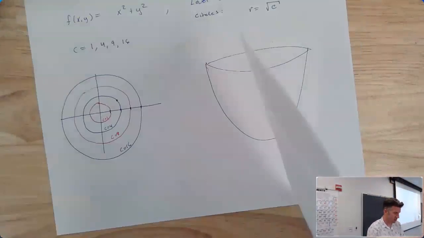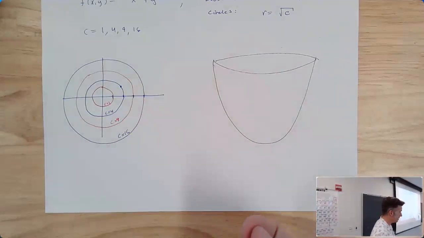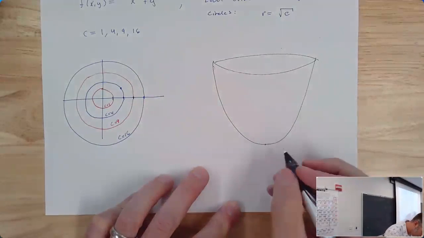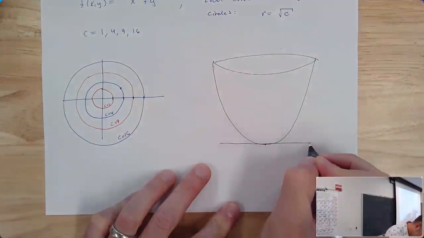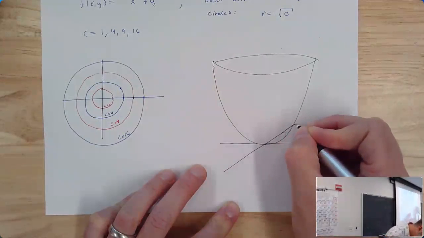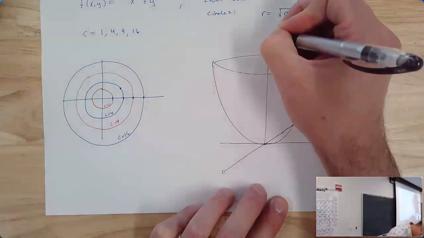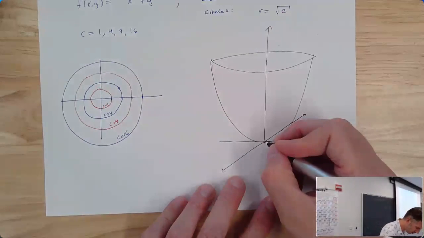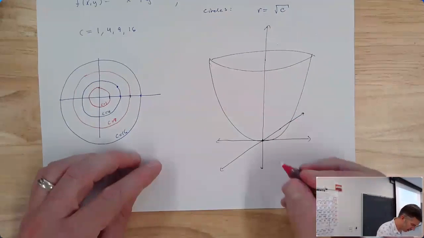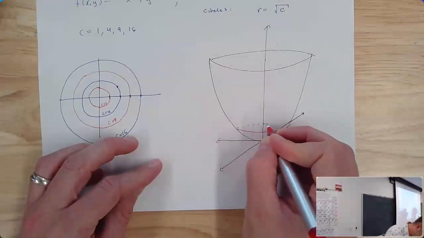But really what I want to stress here is that the level curves tell us this. I'm going to try my best here. Okay, so here's my x, y, z coordinate system. And what we're saying here is that I went up to a height of 1, and I got that level curve.